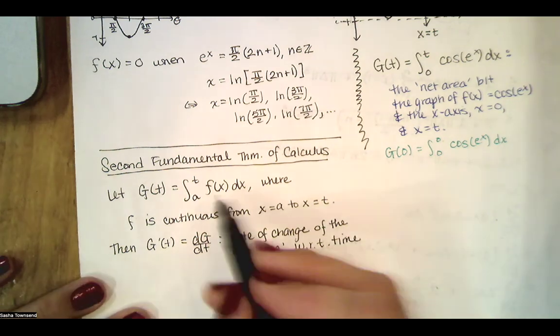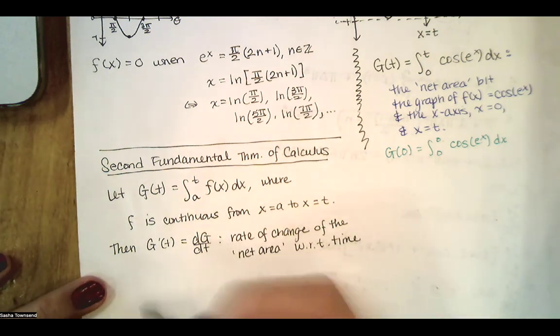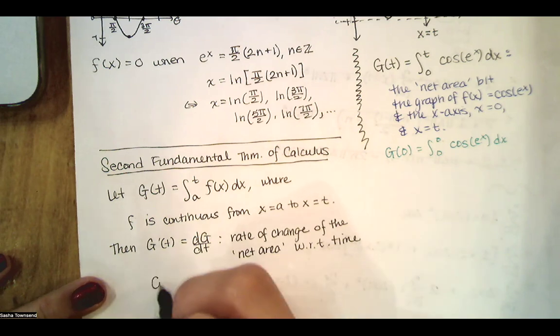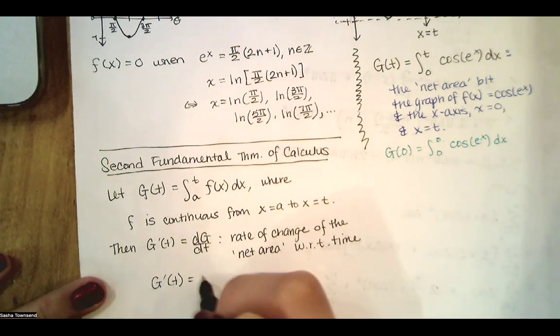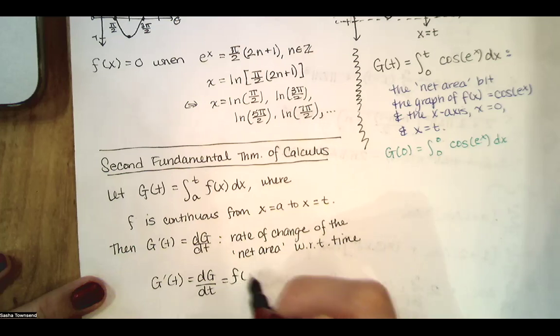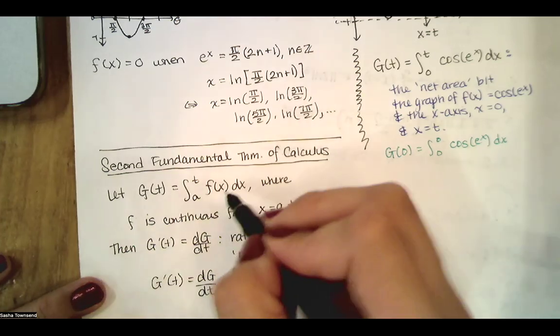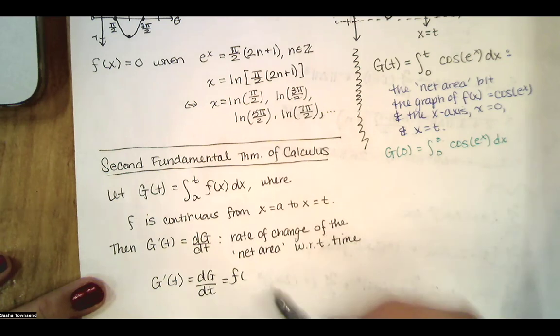And it's positive when f is positive, it's negative when f of x is negative. That rate of change turns out to be f of x. Or actually, excuse me, it's not f of x, it's f of t.